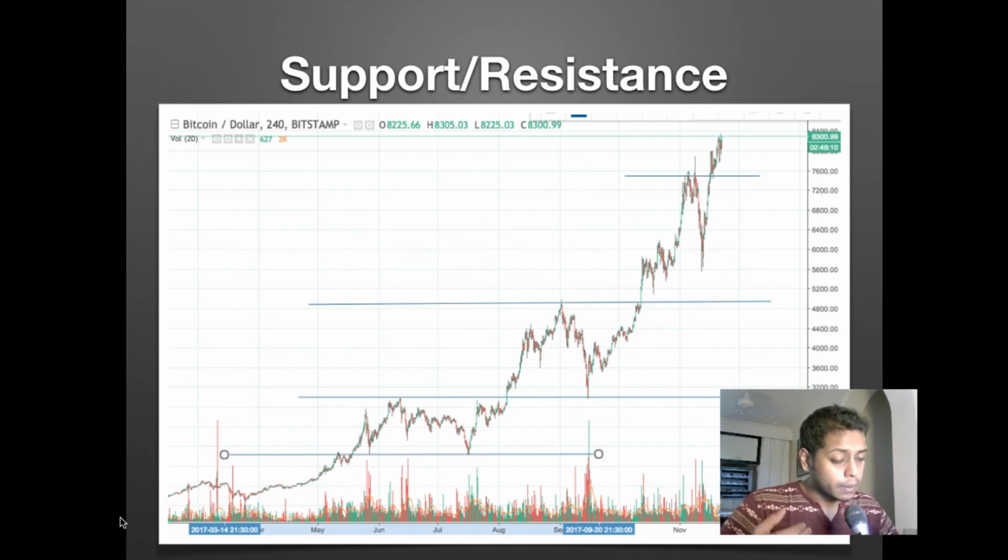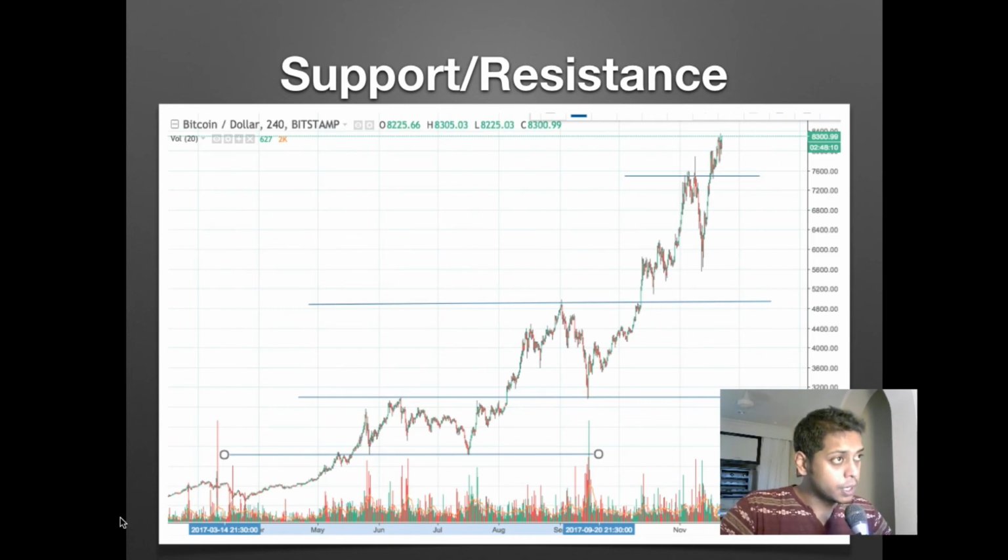When an asset rises, there will always be people who are happy with their gains and they will cash out. As the amount of people cashing out increases, this price action meets resistance. So then the graph will probably go back down. Once it breaks that resistance, it will go on to find new resistance.